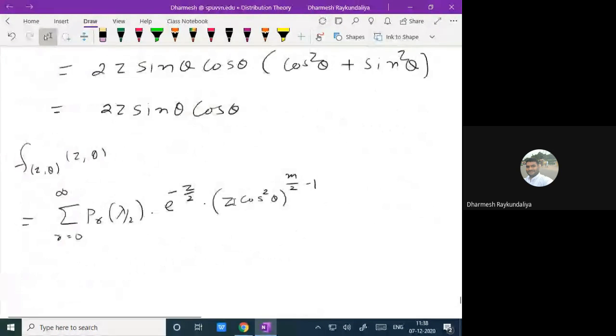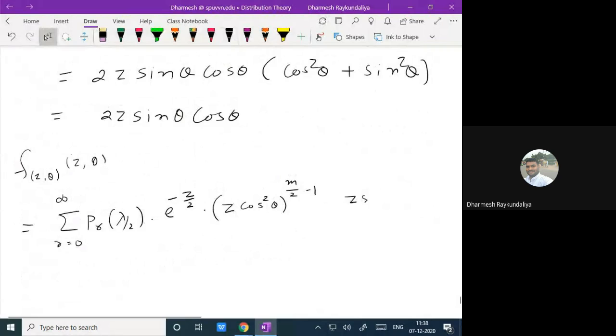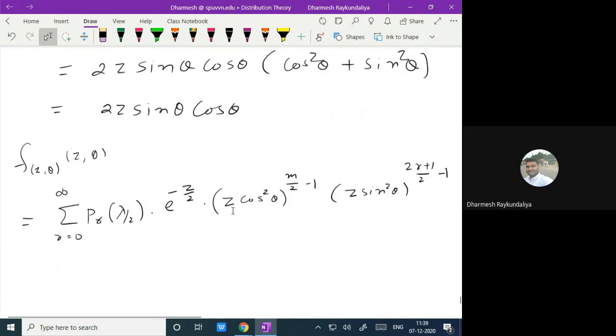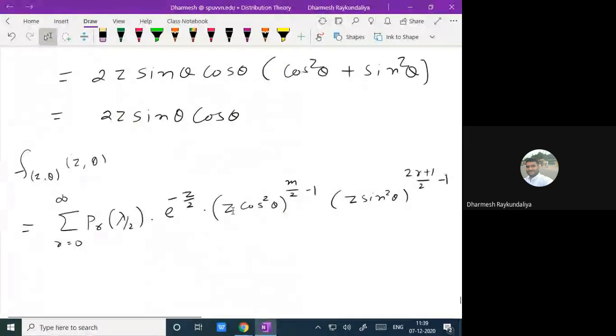It is nothing but z sin square theta to the power (2r plus 1) by 2 minus 1. And what is the Jacobian? Jacobian is 2z sin theta cos theta.